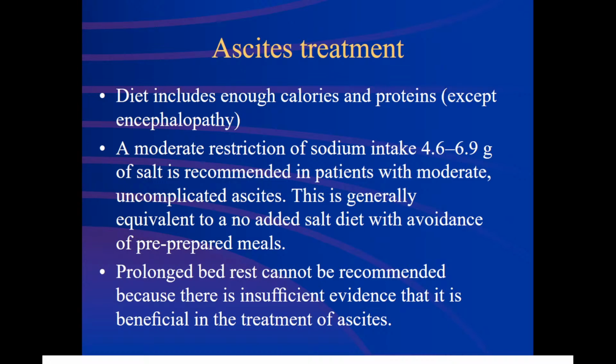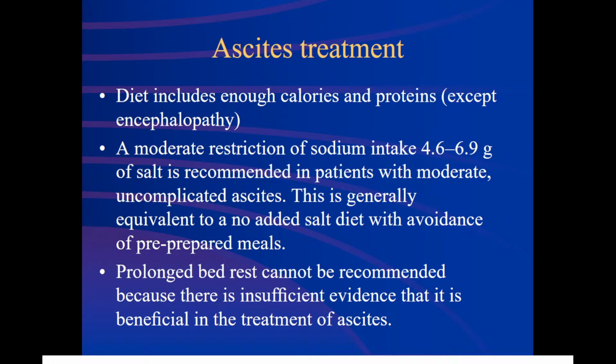If chronic hepatitis transforms to cirrhosis, one of the main problems is ascites. Ascites treatment includes diet with enough calories and proteins, and moderate restriction of sodium intake, around 5 grams of salt per day.